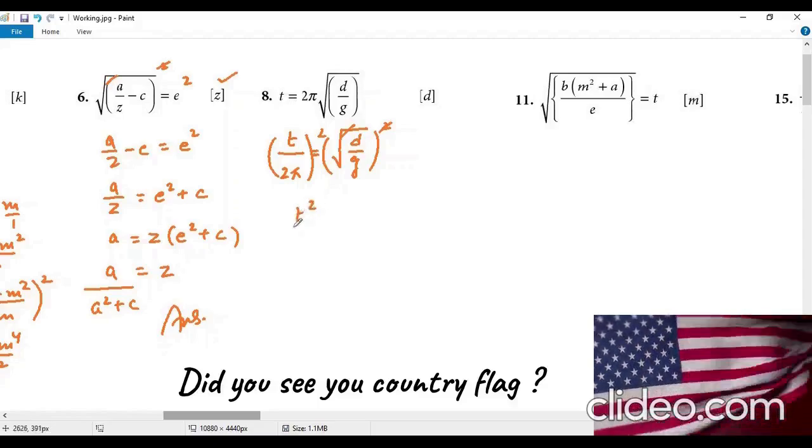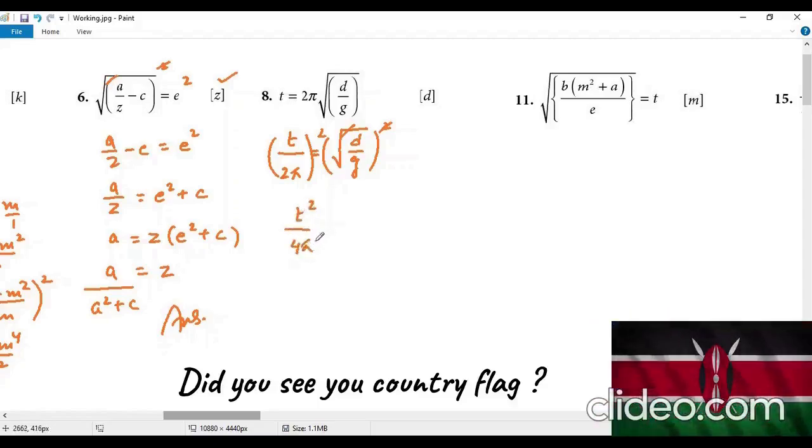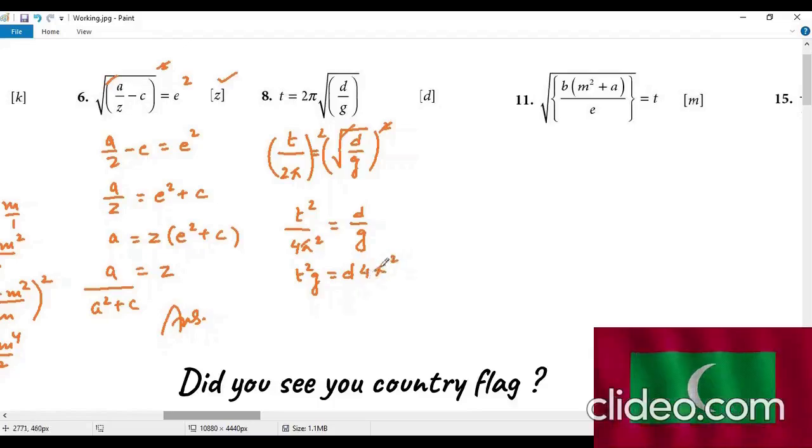So it's going to be T square over 4 pi square equals D over G. Now we cross multiply, and this side will have T square G, and here D 4 pi square. Now we'll keep D as it is over here, and we'll keep T square G and 4 pi square this way. So this is going to be the final answer.